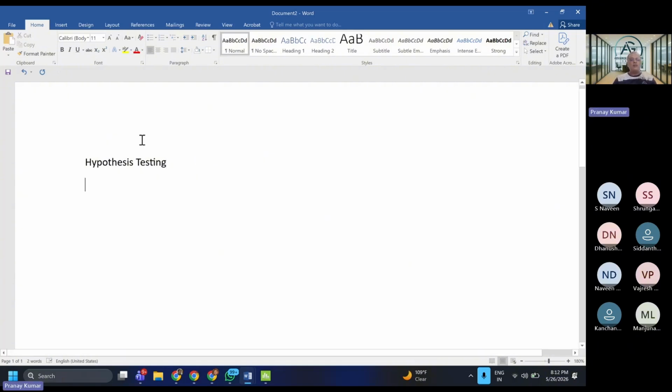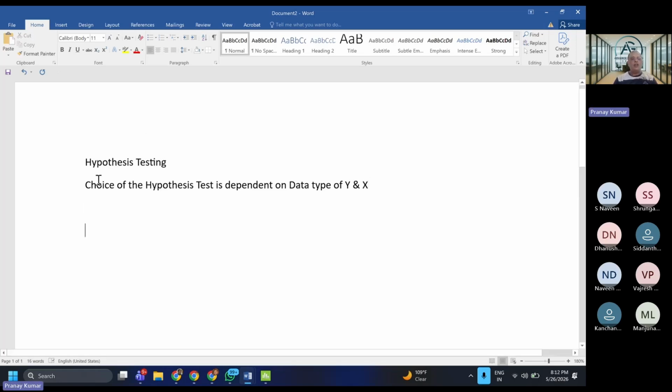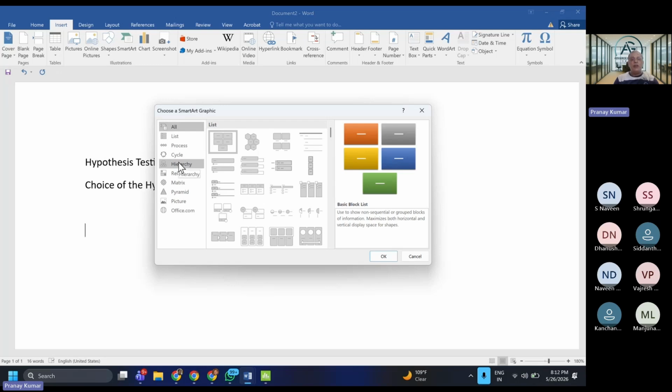So in the previous class, we started by saying that the choice of the hypothesis test is dependent on the data type of your Y and X. We started to say that broadly there will only be two subgroups that we will have to look at.